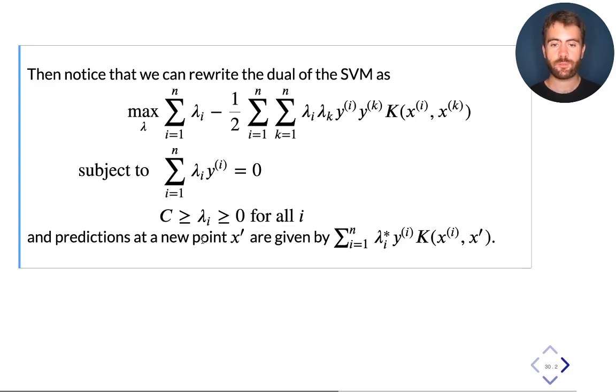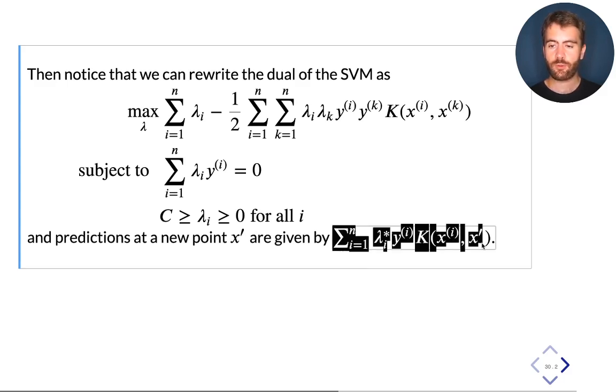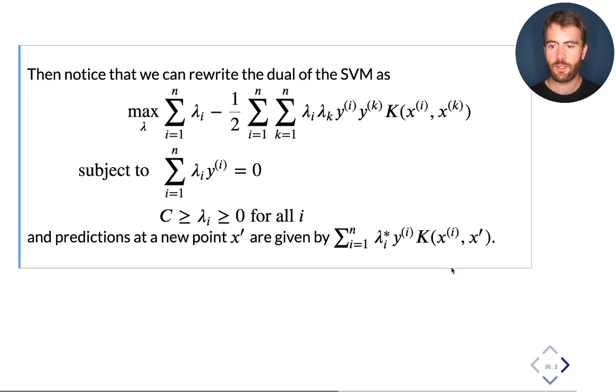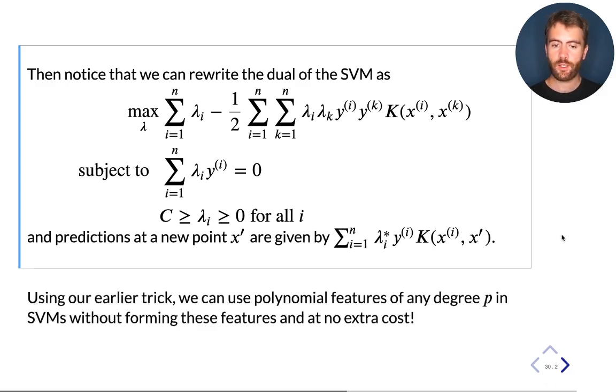Then the prediction at x prime is going to have this particular form, where again I have replaced the dot product with the kernel function, and therefore we're going to be able to use within an SVM very high dimensional features without really incurring much of the computational cost of using them.